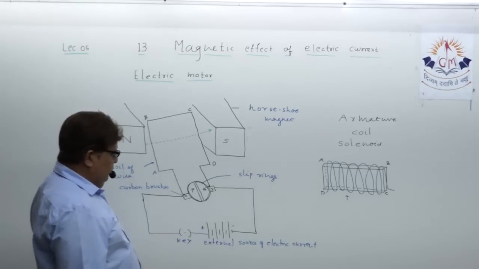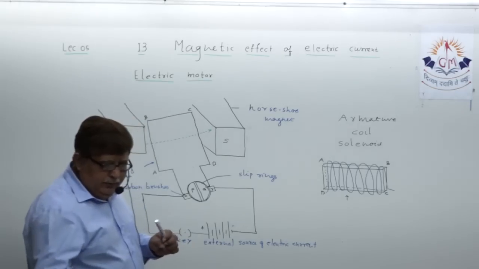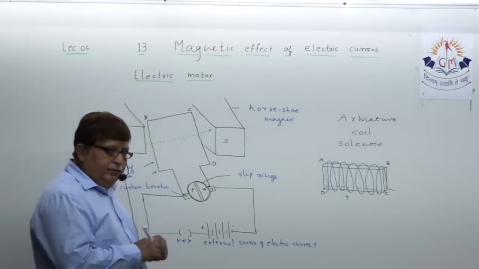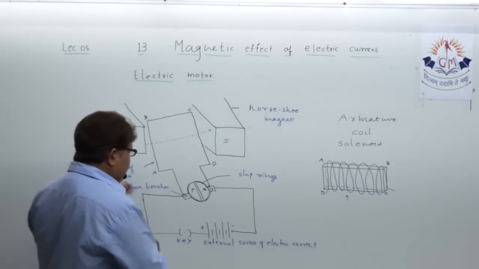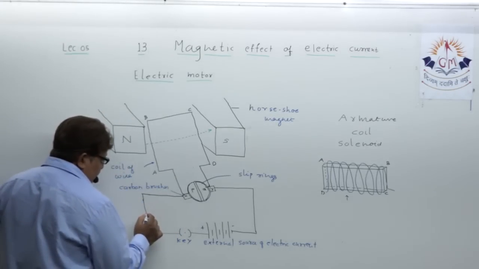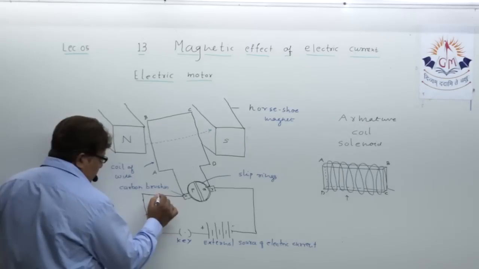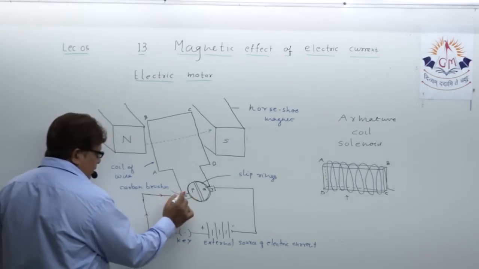Now, when you switch on, the electric current will start flowing in the wire as in the circuit as usual, from positive to negative, higher potential to lower potential.